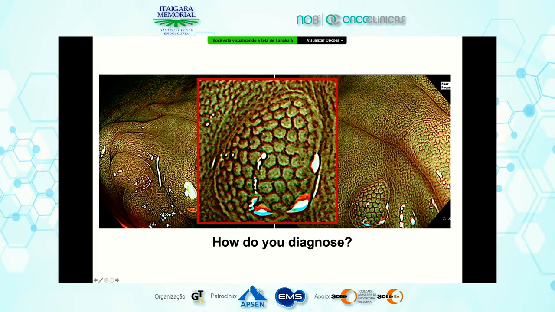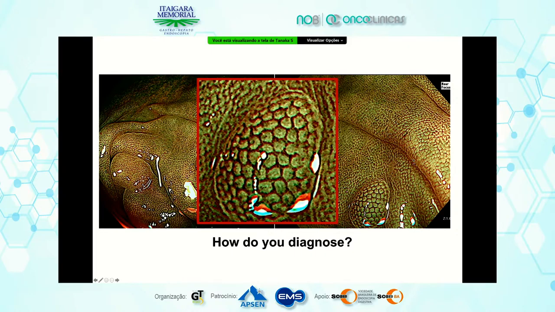This is a hyperplastic polyp. Please see this slide. This lesion is accompanied by a honeycomb-like vessel pattern. However, the surrounding mucosa is also accompanied by the same honeycomb vessel pattern.